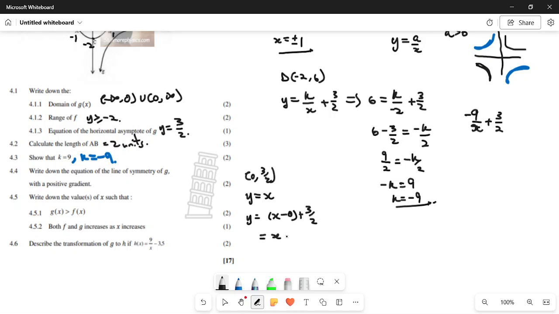So therefore our line of symmetry is defined by y equals x plus 3 halves. Here I just use my equation y minus y1, and our m is just 1, so x minus x1, where x1 and y1 are the coordinate points where my asymptotes intersect. So this is our solution.